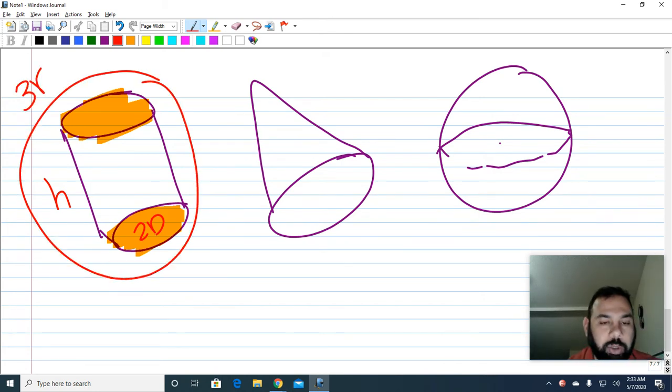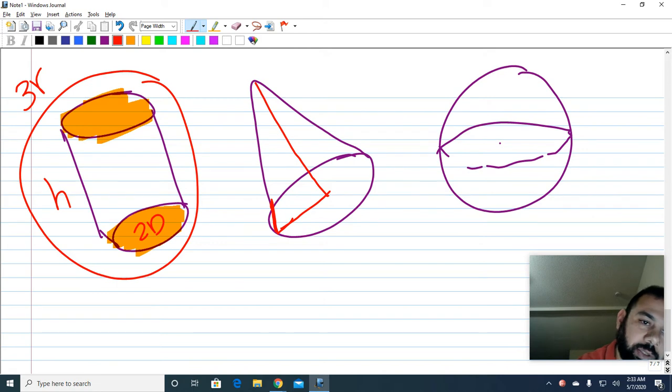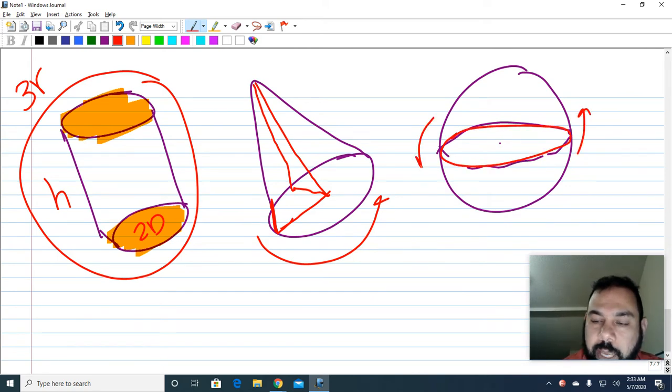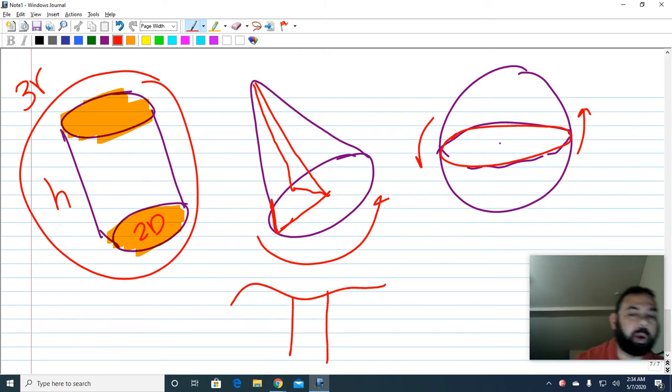For the cone, it's like a triangle that spins around one of its right sides, so it kept rotating around to form the cone. For the sphere, it's a circle that spins around its axis to form the sphere. So all of them were based on a circle, which means all of them are going to have pi in their formulas in order to find surface areas or volume. But now our main focus is on volume.